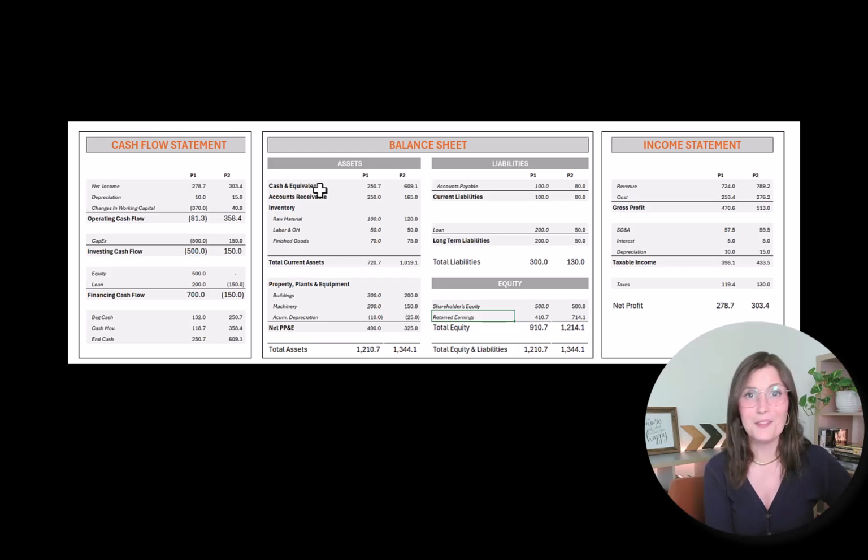And that's how the three statements connect. Do you see now why I say the balance sheet is the mother of all statements? Everything connects back to it. Cash, debt, inventory, profit, it's all part of one system. If your balance sheet isn't balancing, something got lost in the story.